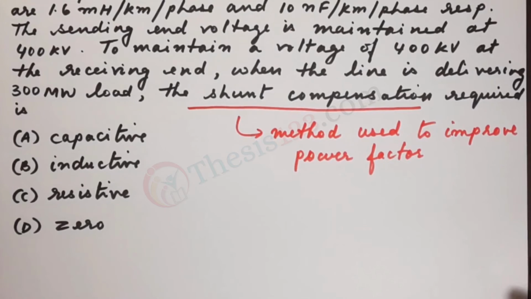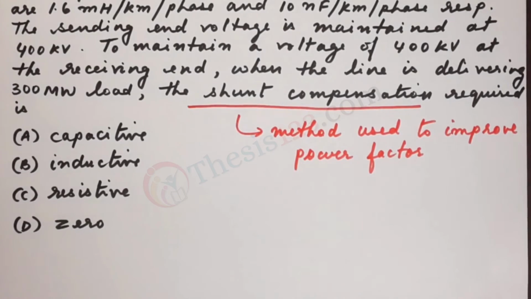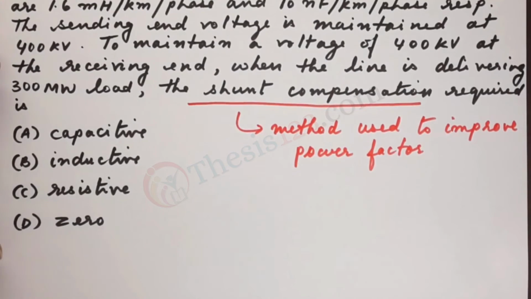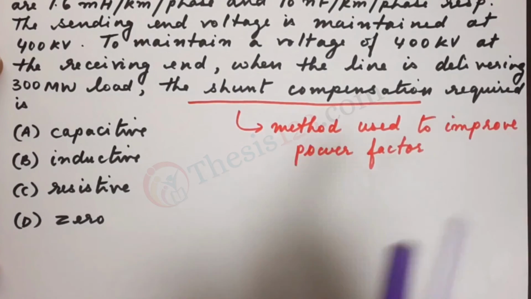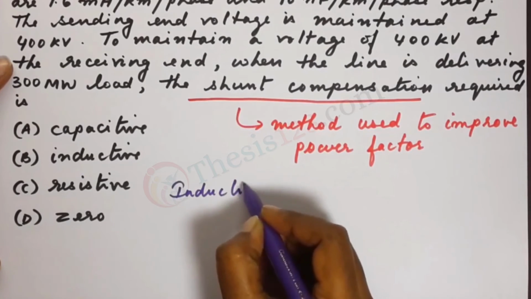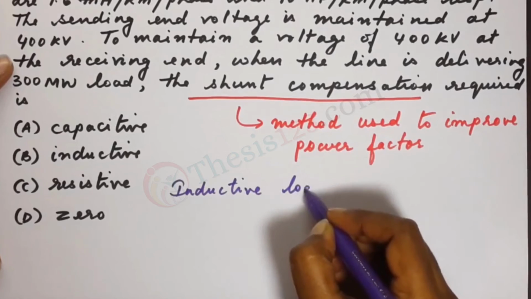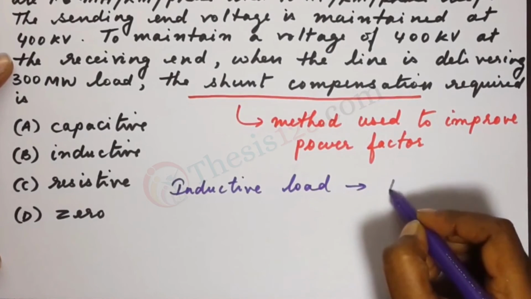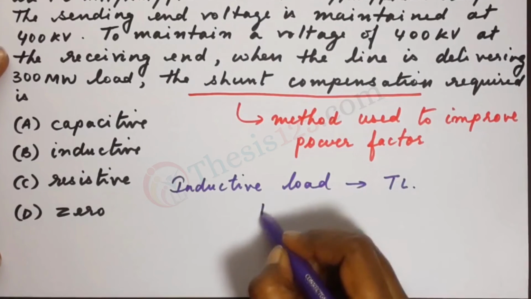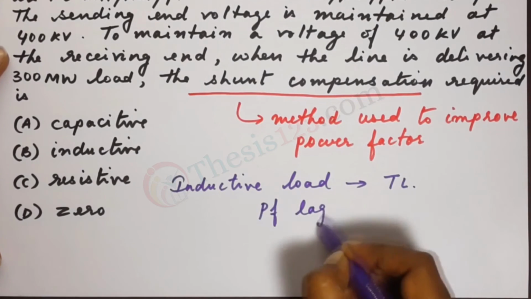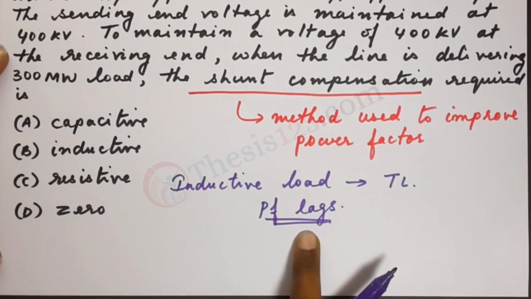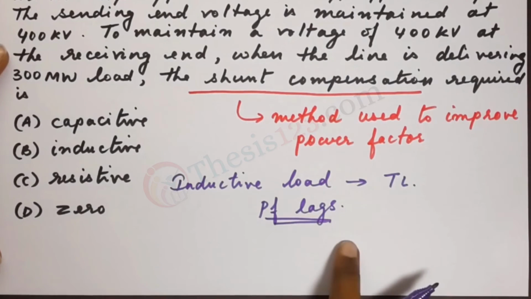So let me just write that down here as well. That's just an example of what shunt compensation is. If we were to have an inductive load connected to a transmission line, in this case the power factor lags, because of the lagging load current.